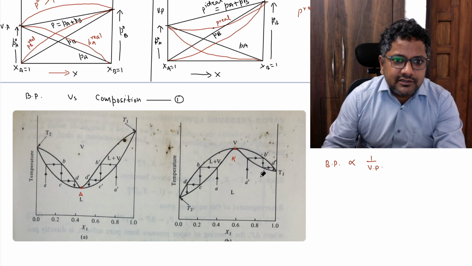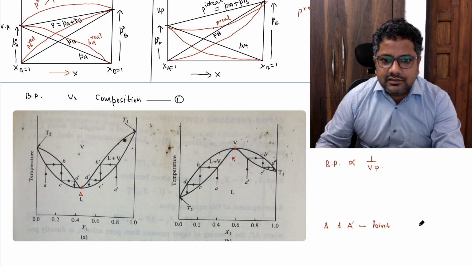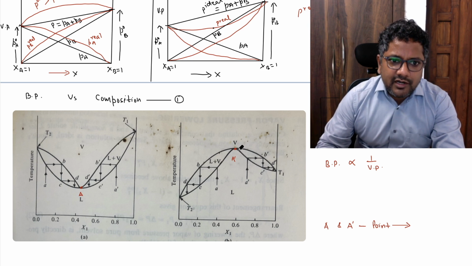So A and A dash are the points, composition corresponding to this point.